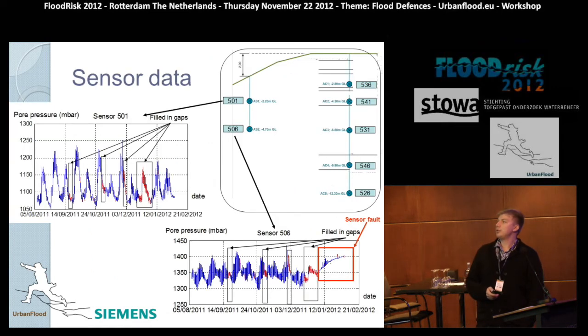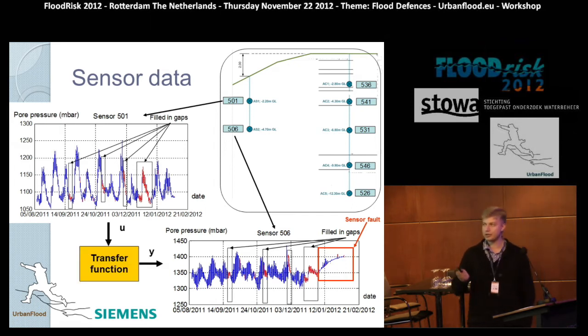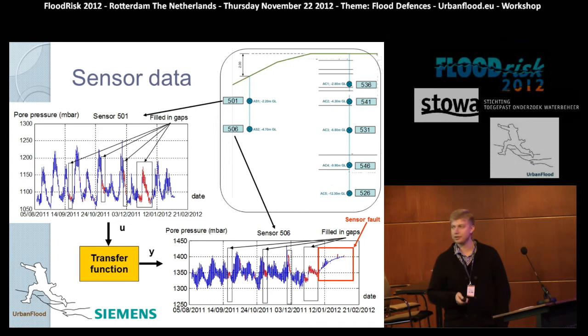In this slide, you can see two sets of measurements from sensor 501 and 506. Red color shows the filled-in gaps. And we know that there was some strange behavior in sensor 506, marked with red color, some kind of sensor fault. And we constructed the transfer function between these two sensors.